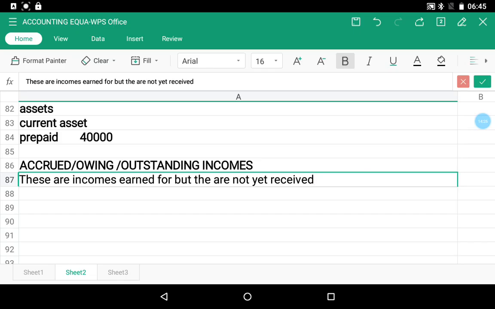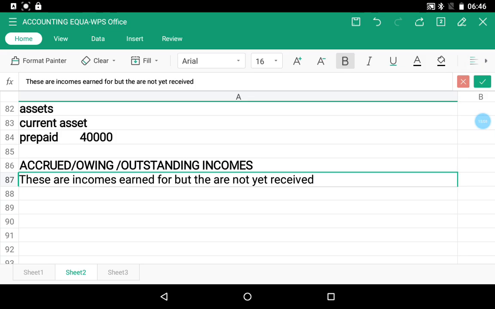Maybe you have worked for someone, maybe you have your rentals, and you are expecting to receive those incomes, but they are not yet received. So those we call accrued or owing or outstanding income. You are still waiting for them, yet its financial period has ended. That means you bring that accrued income and add it on the income of the year, or the one we have in trial balance.